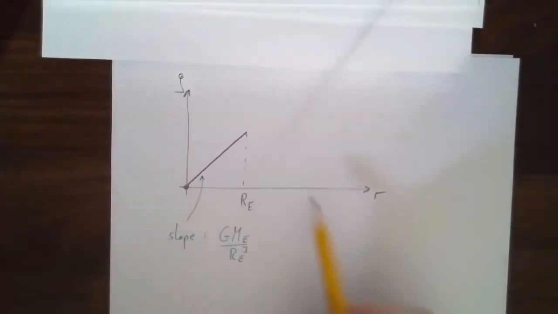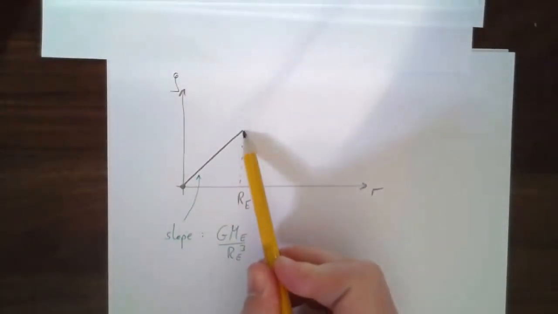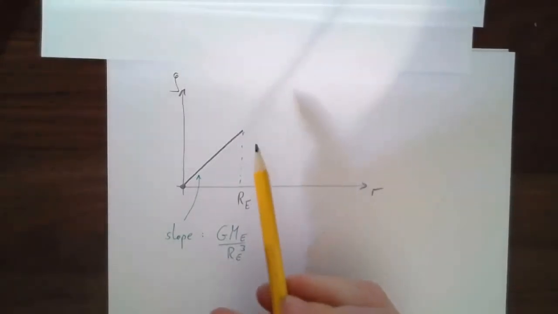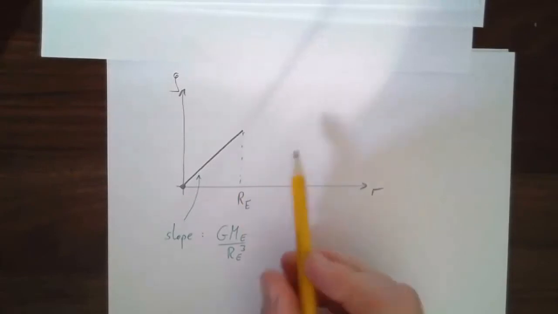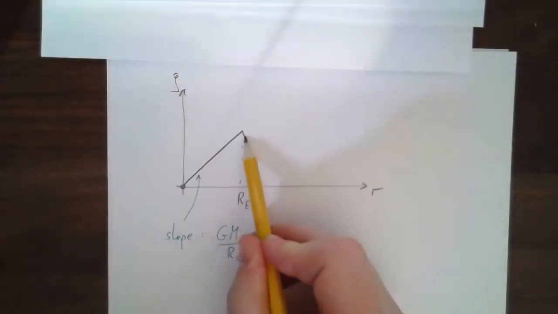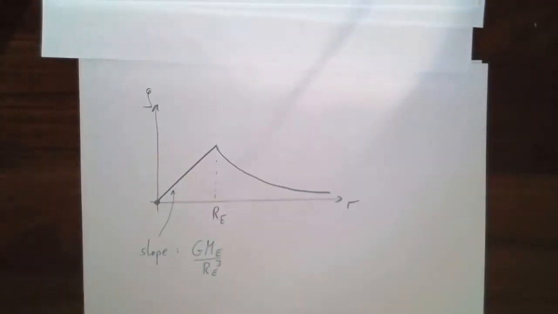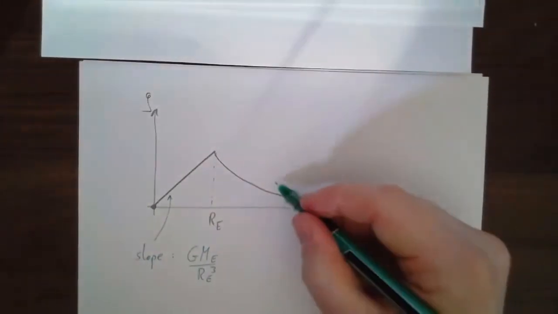And then, once we hit the surface, if we keep going further away, well, now the mass inside the Gaussian sphere is constant. So now we just get the normal 1 over r squared falloff.